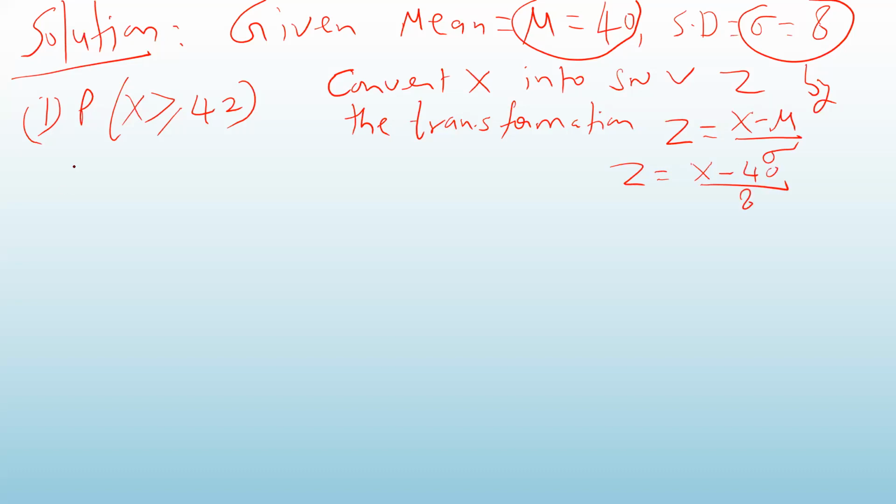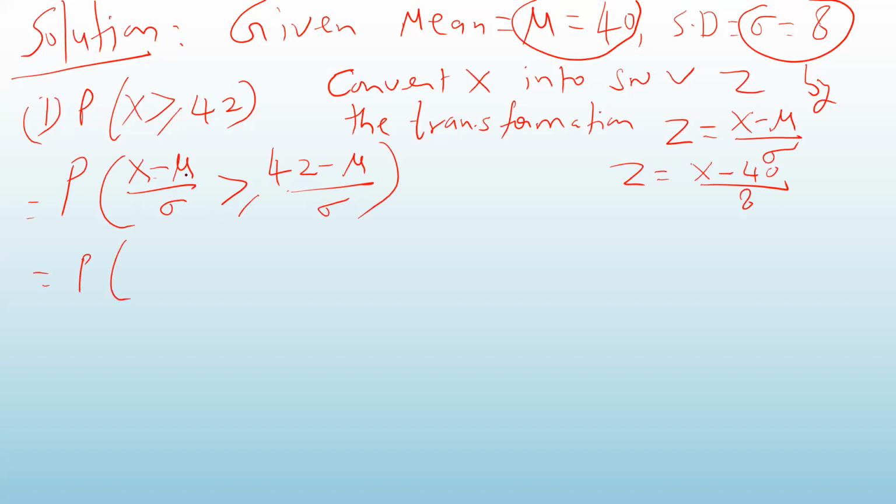Okay. So let us do that. So probability of x is converted to z. So x minus mu upon sigma greater than or equal to, the same transformation you apply to the other side. Which is equal to probability of x minus mu upon sigma, we call it z. So I have converted x into z.